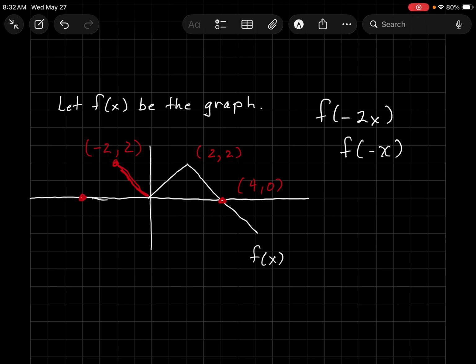So the y value is still the same. It's still 0. But the x value becomes negative. And once more, the original point was 6, negative 2. So the y value will remain, but the x value becomes negative. So this is, and I'll rewrite in the correct color, this is f of negative x. So the red is f of negative x.